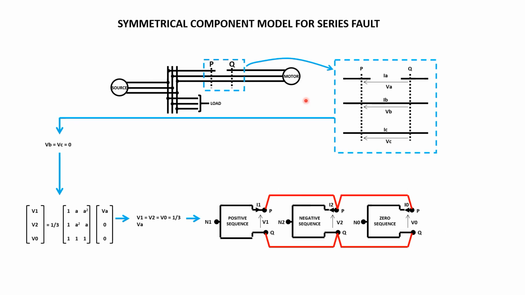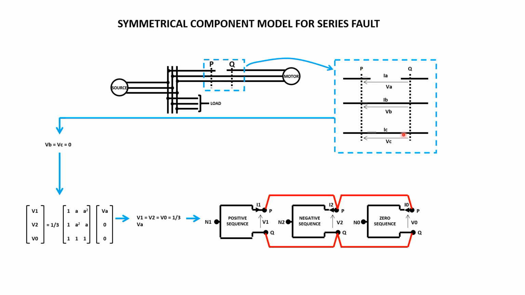For analyzing single phasing, we need a symmetrical component model for series type of faults, which is good practice to have in place. When analyzing a series fault, we nominate a port or terminal between the two points where the open conductor happens.